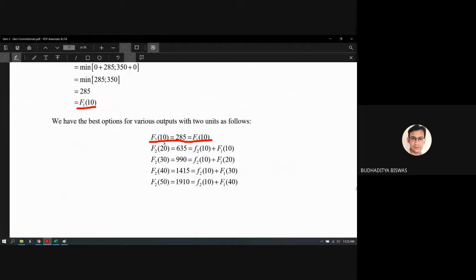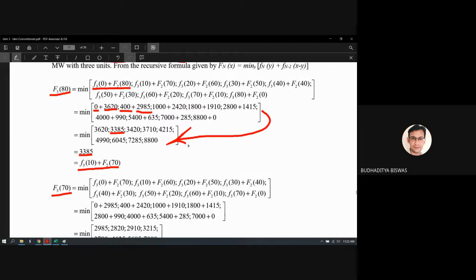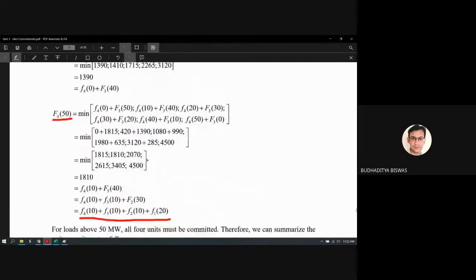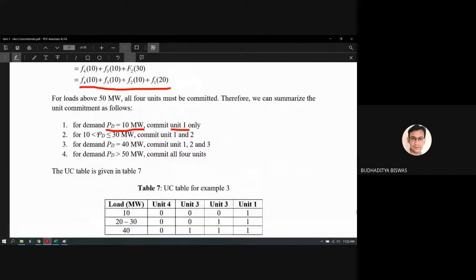F210 is also 285, and here you see F110. That means when the load demand is 10 megawatt, commit unit 1 only, because from the formula unit 2 is not generating anything. Only 285 is the minimum cost, and to generate this, only unit 1 is required. So that's why in the table we write here that for demand PD equal to 10 megawatt, commit unit 1 only.